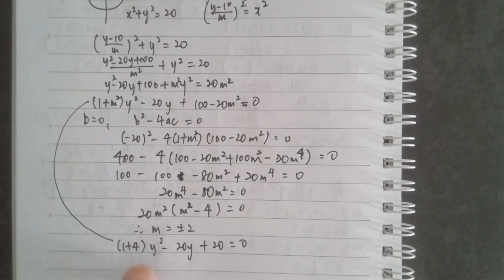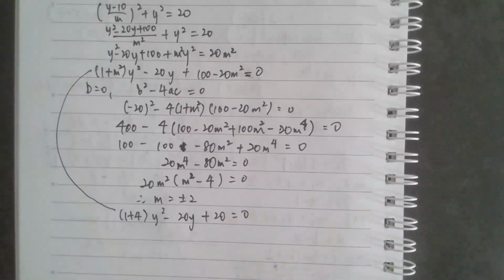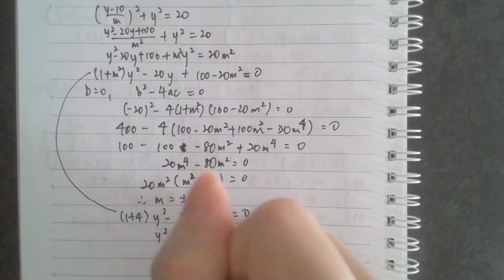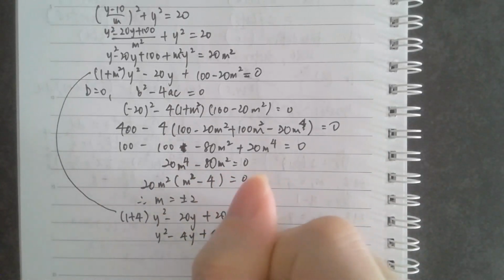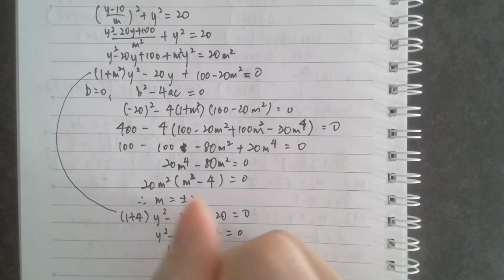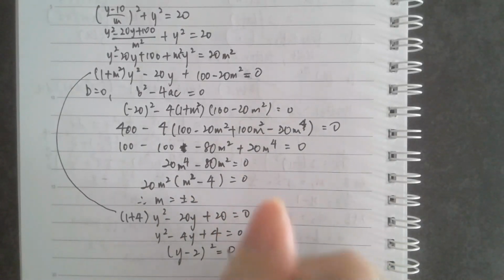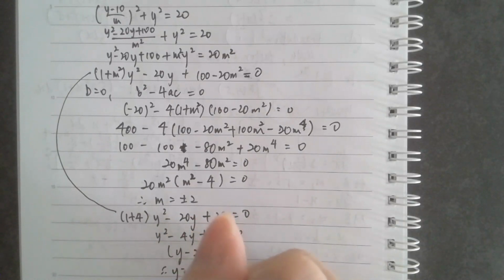Okay, so 5 is common. I can divide 5 away. I'll get 4y plus 4. This is a complete square. It has to be because that's just one y value. So therefore y is 2.